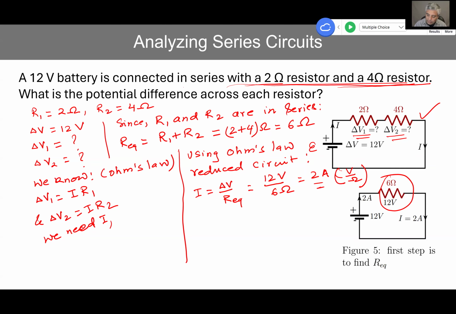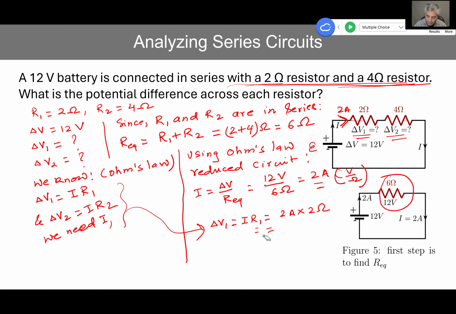And since both of these are in series, whatever begins here, 2 ampere here means 2 ampere here, 2 ampere here. So now we know I, so that means we can go back and find delta V1, for example, is I times R1, so 2 ampere times R1, which is also 2 ohm.